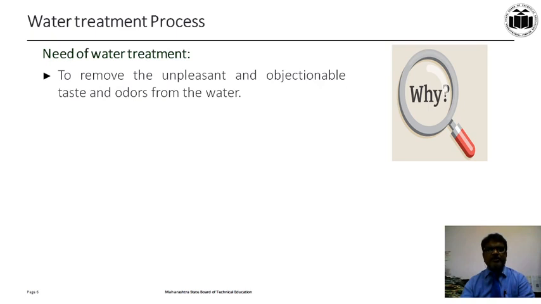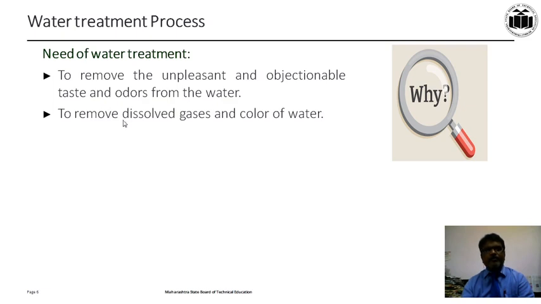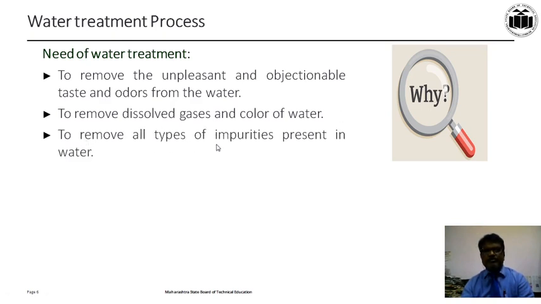So why is there a need for water treatment? Water treatment is needed to remove the unpleasant and objectionable taste and odor from the water, to remove dissolved gases and color of the water. Third, to remove all types of impurities present in water.